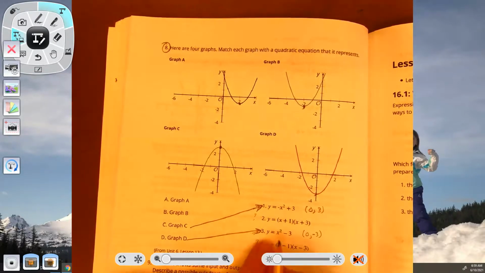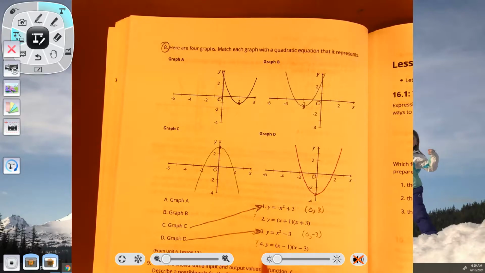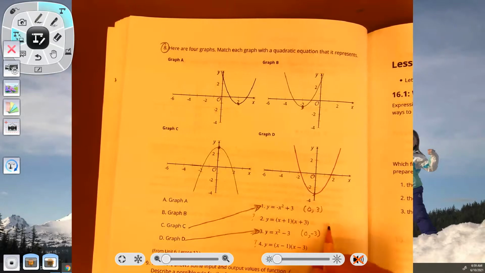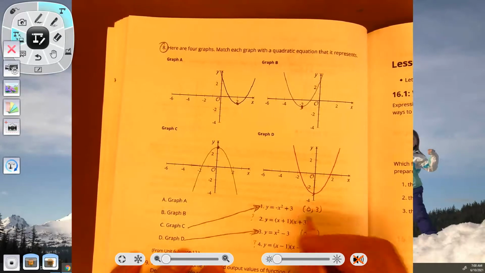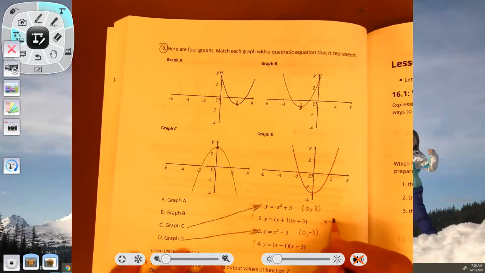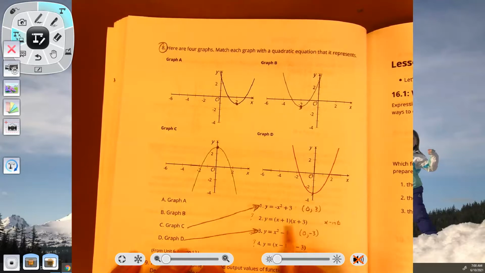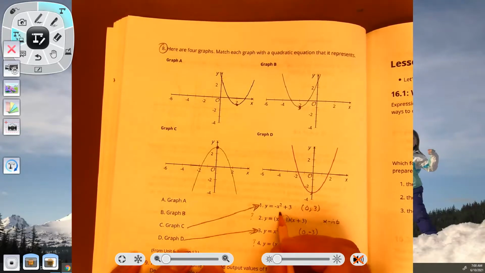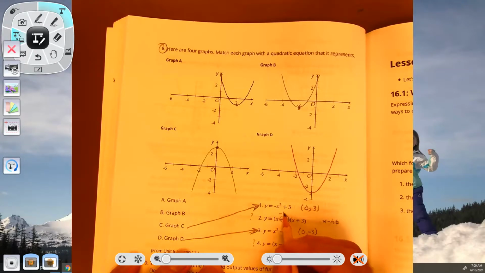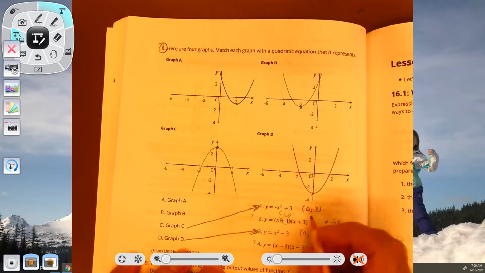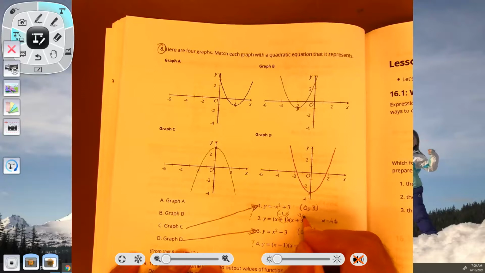Okay, so since we can't tell what the vertexes are of these two, what we can do is figure out what their x-intercepts are. Okay, so their x-intercepts. Remember, these are in factored form. So all I'm going to do is take these two and switch their signs. So this one is at -1, 0, and -3, 0.